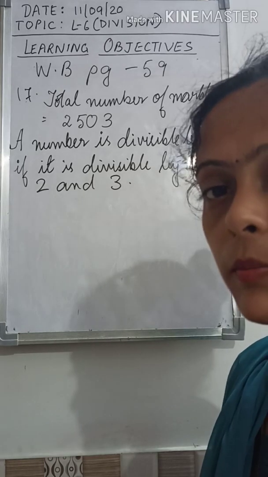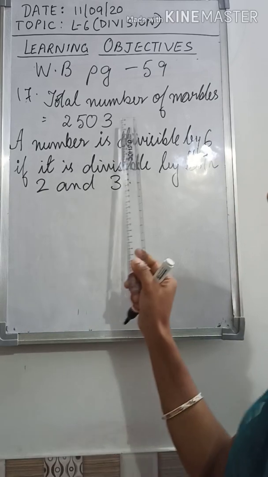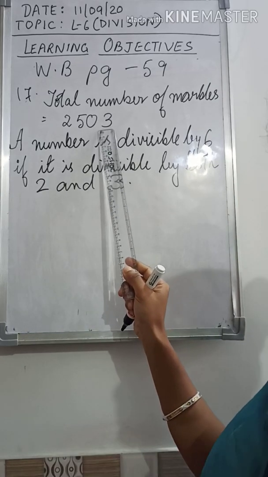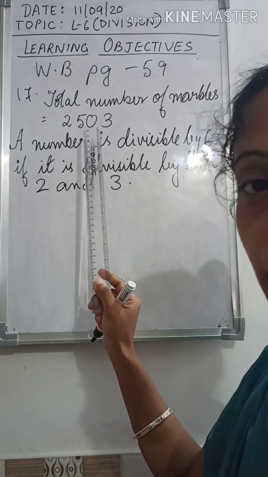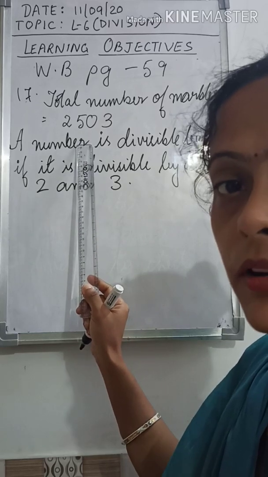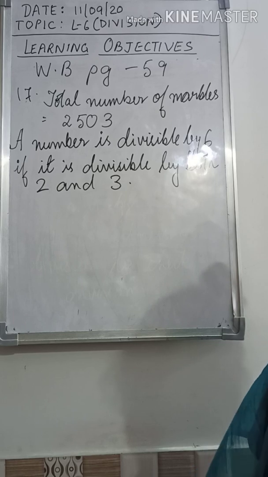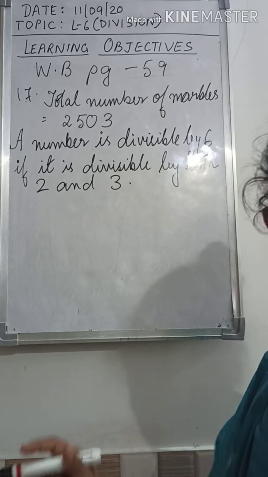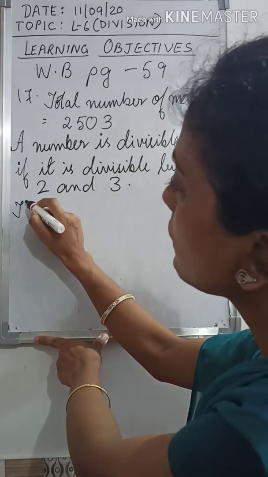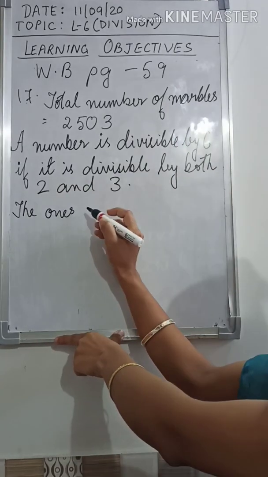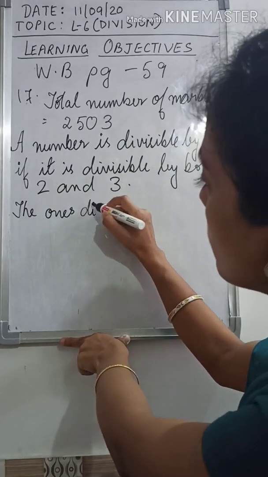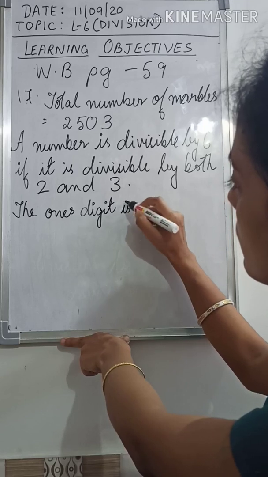Okay. So let us first check the test for 2. How do we know it's divisible by 2 or not? We have to check the ones place. So what is the ones place? The ones place is 3. So if the ones place is 3, the number is not divisible by 2. It's not an even number. So we can write, the ones digit of the number is not an even number.